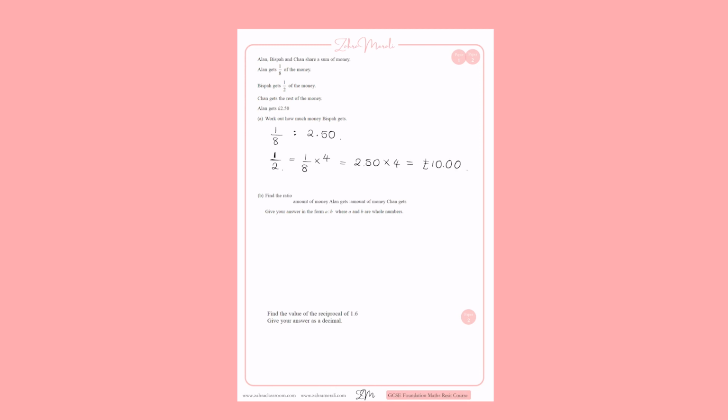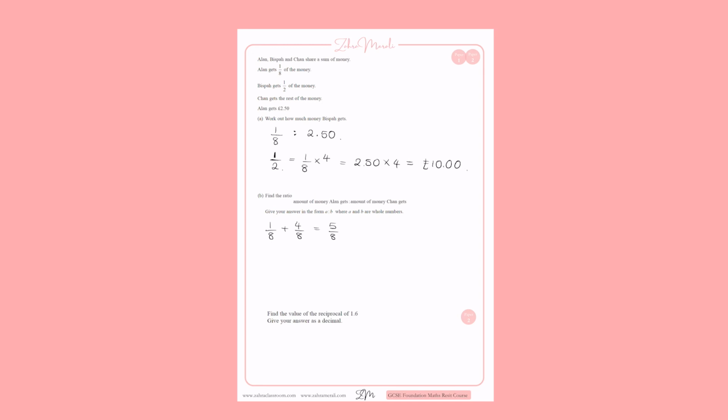Then it says, find out the ratio of the amount of money Alan gets with the amount of money Chan gets. Okay, so there's a few ways to do this, but we know Alan gets 1/8, Bispa gets a half, which we said was 4/8, so altogether that's 5/8.